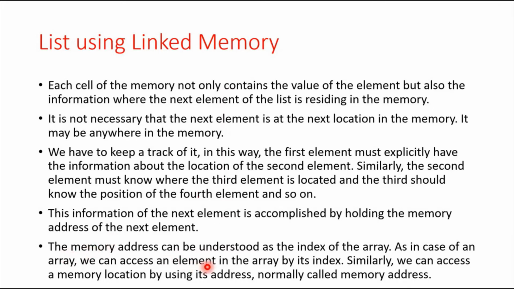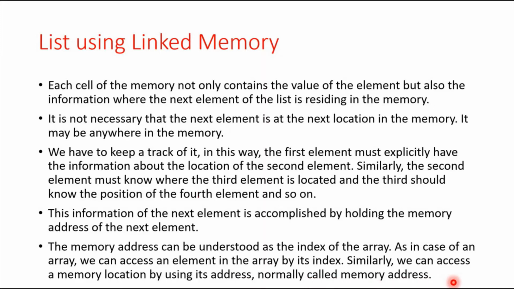The memory address can be understood as the index of the array. As in the case of an array, we can access an element by its index. Similarly, we can access a memory location by using its address, normally called the memory address.